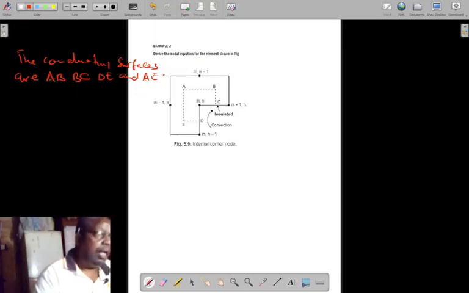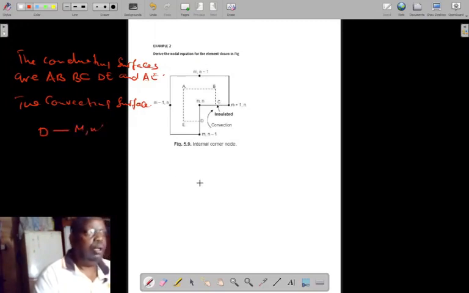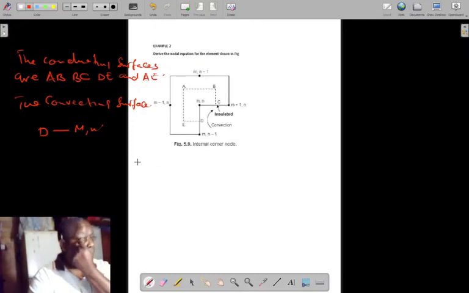Okay, and then the convecting surface will be surface D, and our node MN.